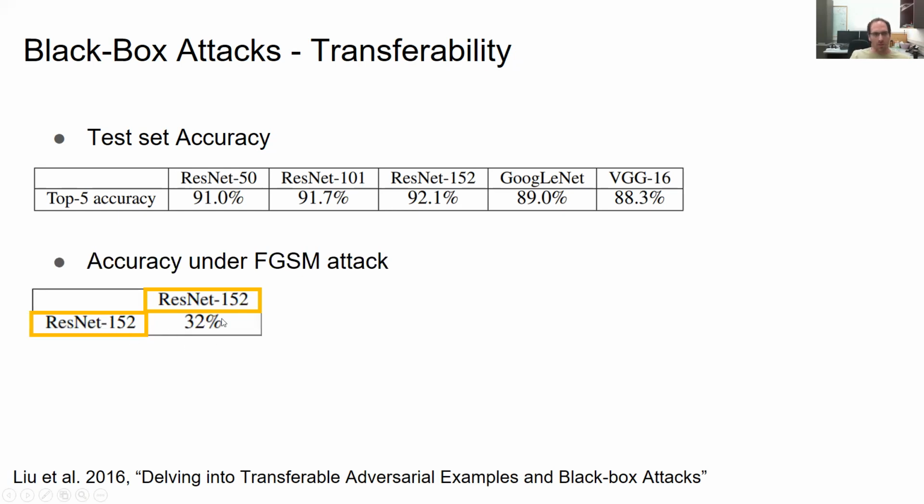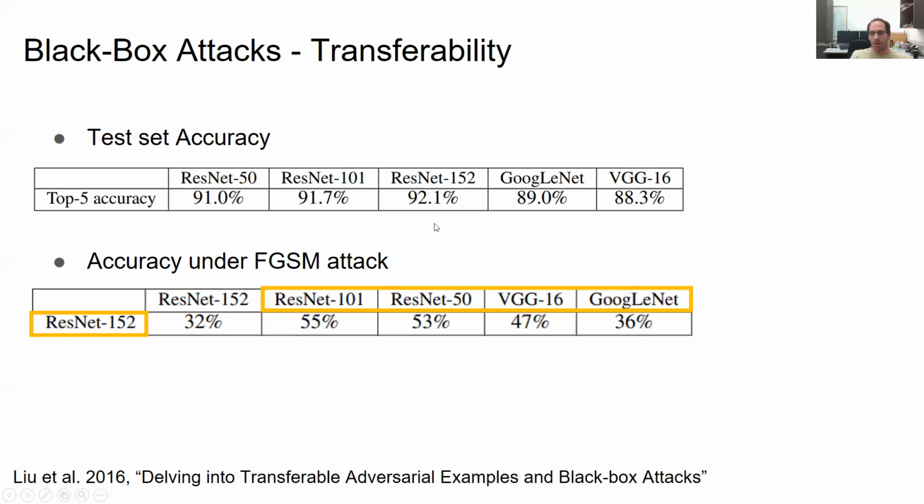It's just a white box attack, and they get 32%. We've all seen this already. But now they took these adversarial examples generated by ResNet 152 and fed them to all these other models. And these are the numbers that they got. They managed to reduce the accuracies from around 90% to about 50 or 40%.